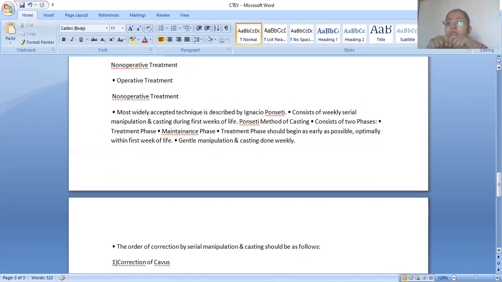The misalignments, rearrangements, and medial displacements of the bones will be aligned, and then in that corrected position, the casting will be done. Then in the next week, the child will be asked to come with their parents.